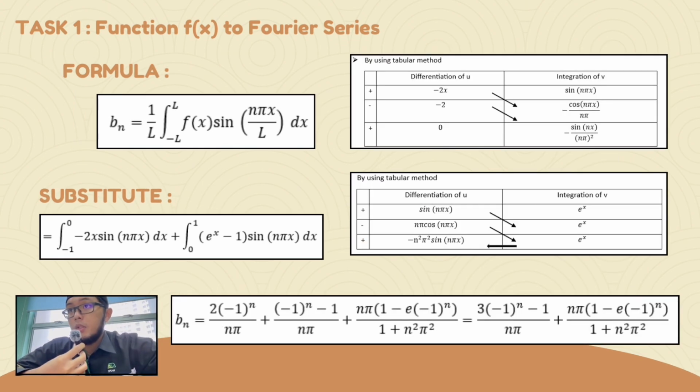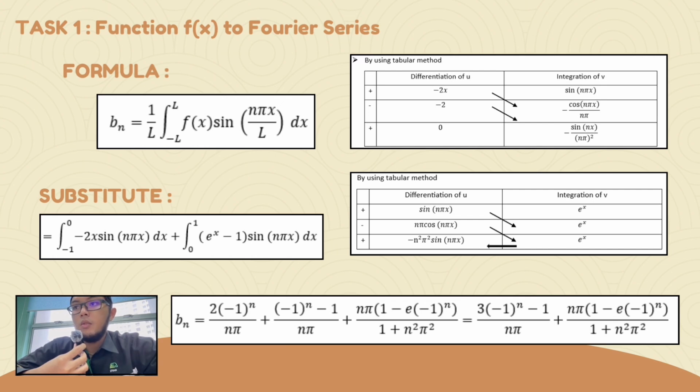Then we proceed to bn, where the formula is 1 over L, integral from negative L to L, of f(x) sine of n pi x over L dx. Same thing, we separate this integral into their respective limits: from negative 1 to 0, the function is negative 2x, and from 0 to 1, the function is e to the power of x minus 1. So we get this bn expression.